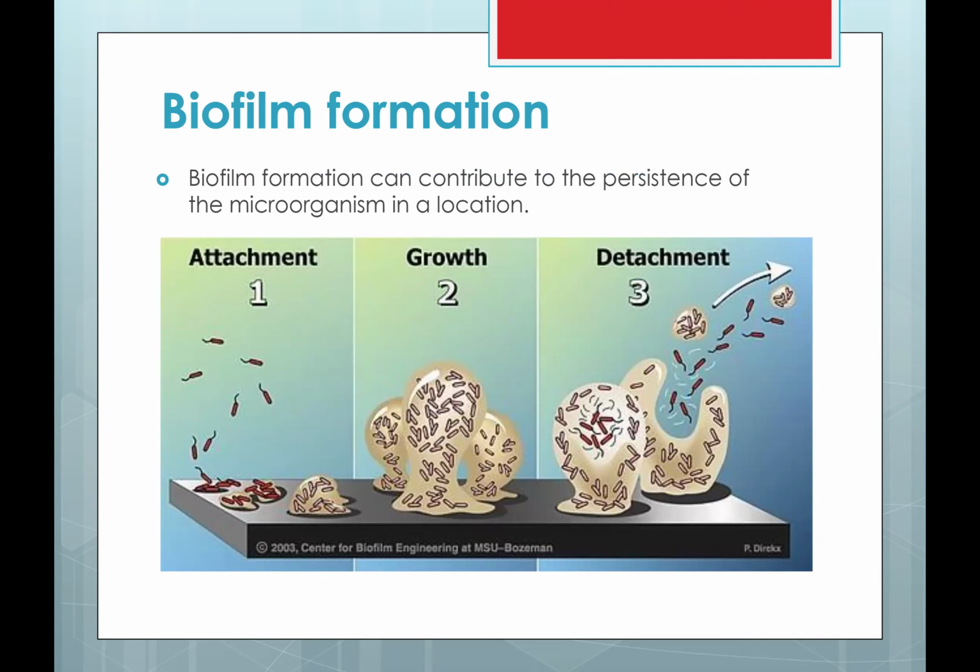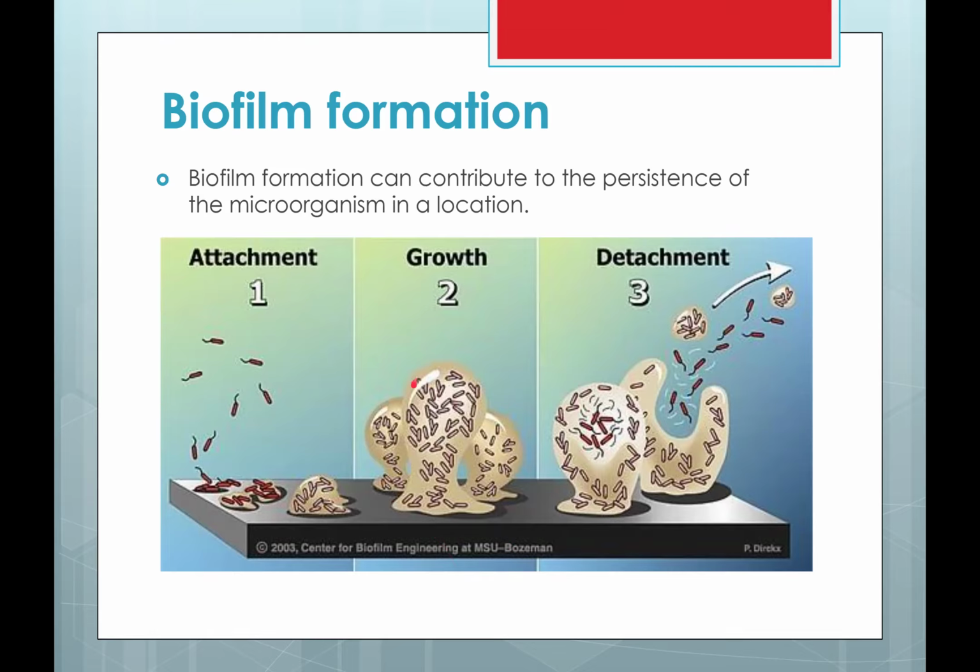So, remember the capsule, this is a carbohydrate-rich biofilm. First, the bacteria will attach to a surface, and then it will form the biofilm. What it looks like is a community of bacteria.